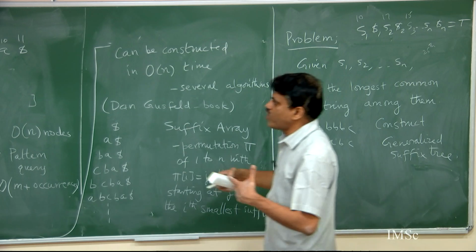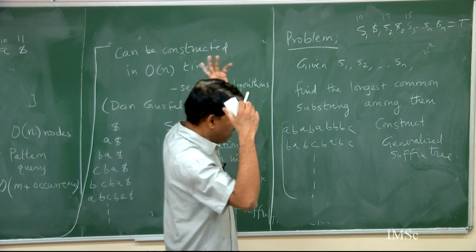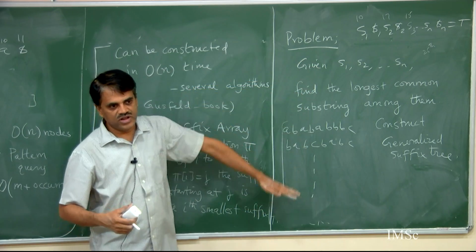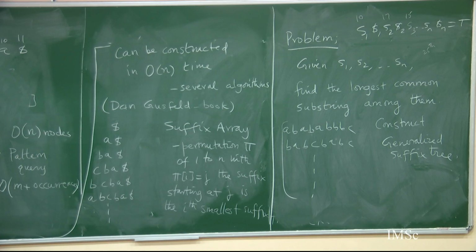So now, what is a common string? How do I find a common string? Remember, this is not a data structure problem, it is not about pre-processing; it is just about solving this one time. Given this string, I construct this huge tree, and how do I find any common string?